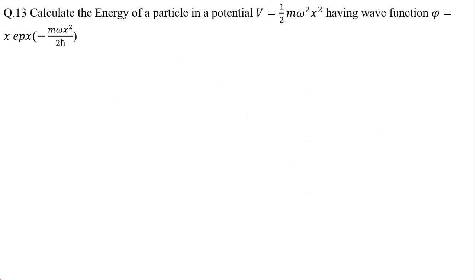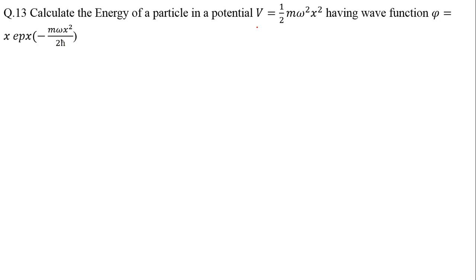So we can go to the next problem. It asks us to calculate the energy of a particle in a potential V = half m omega square x square, having wave function psi = x exponential minus m omega x square by 2 h cross. So this is the potential.